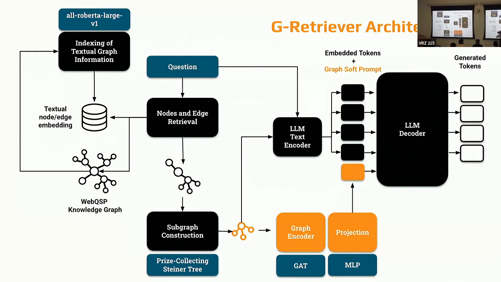So we do not only apply embedding techniques to the textual information, right? So for instance, to the name of the nodes or to its description, but we also try to incorporate a vector that does not come directly from the textual information, but comes from a graph neural network. That's the idea of the model.